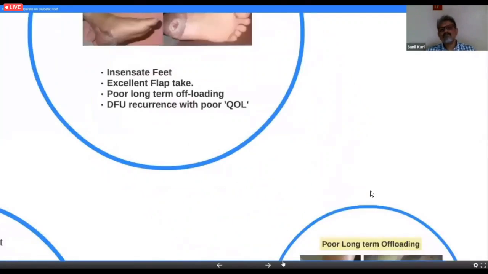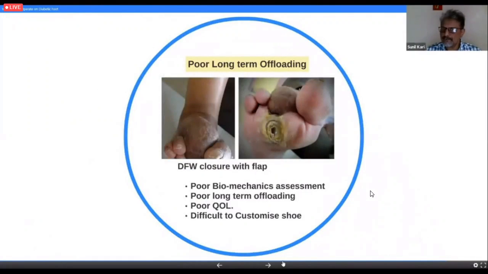One more patient was referred to a center for footwear designing because they had done flap surgeries for the dorsum, and the patient, within 6 months, developed a plantar ulcer again, and it was very difficult for us to brace the footwear because of the bulky muscle on the dorsum.